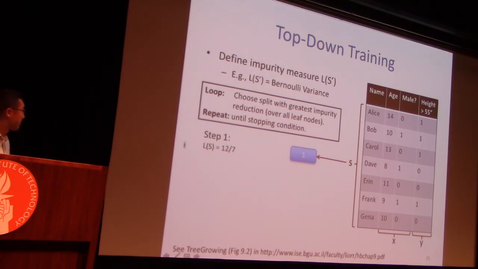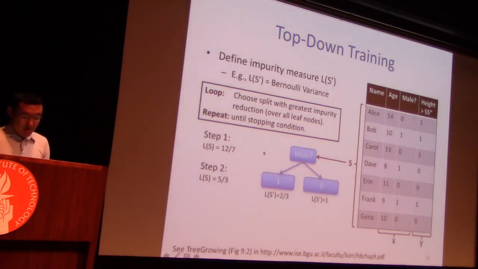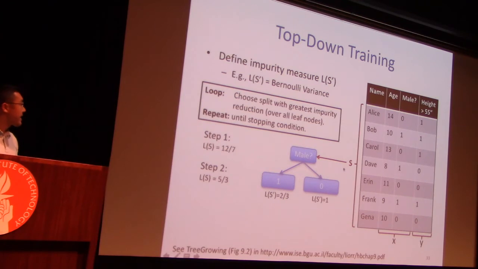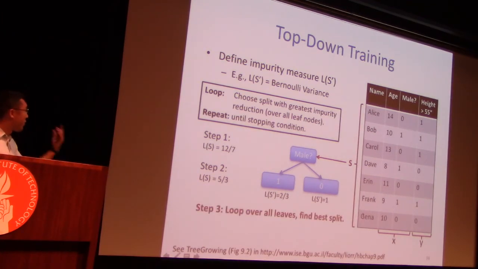right? It's right here. And then step 2 says, okay, let's try to split the data in the root node according to one of the axis-aligned features, and then we compute the sum of impurities of the resulting 2 leaf nodes, right? And so we loop over all possible splits, and so this is the best possible split.